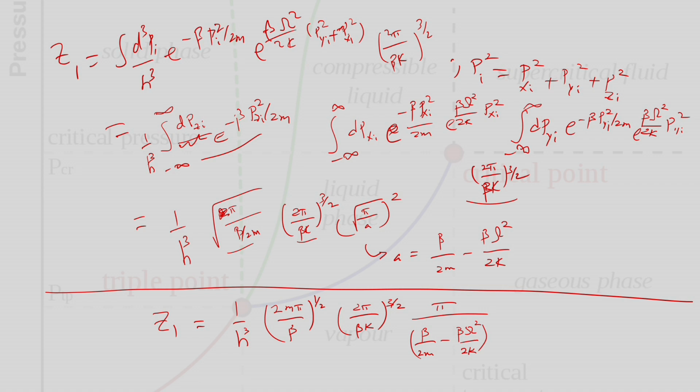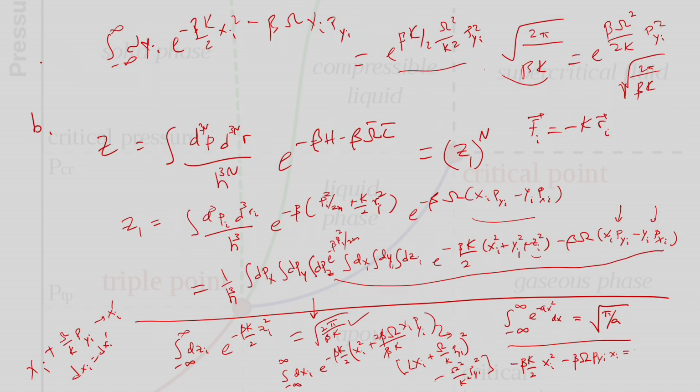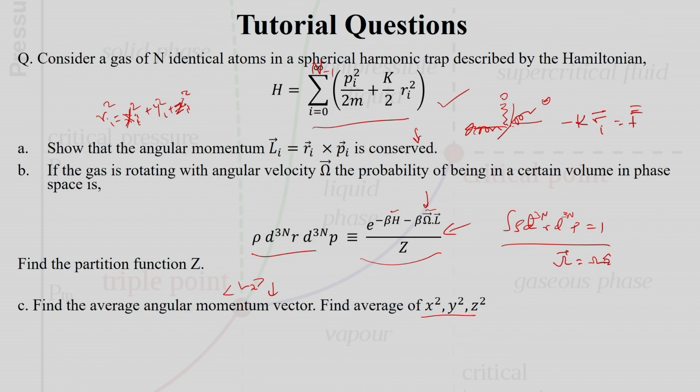So let's try and see what are the other questions that have been asked. They asked us to find the canonical partition function. We just did. We found it for one particle. Now for n particles, you raise it to the nth power. So the next thing we have to find is the average angular momentum.